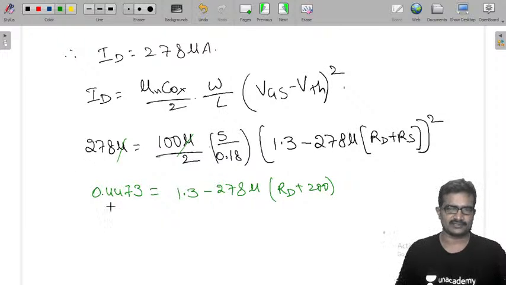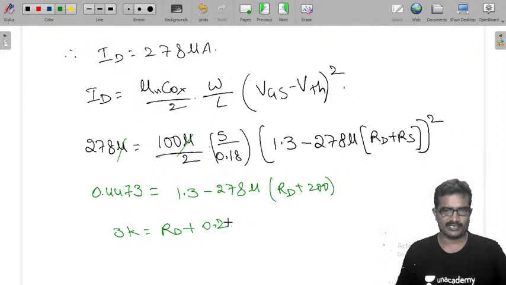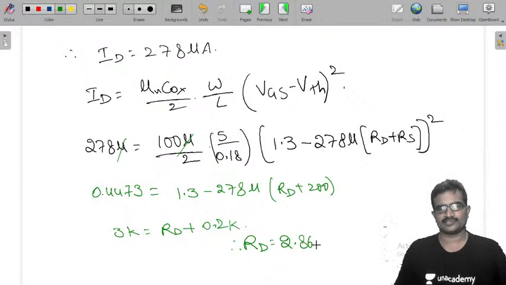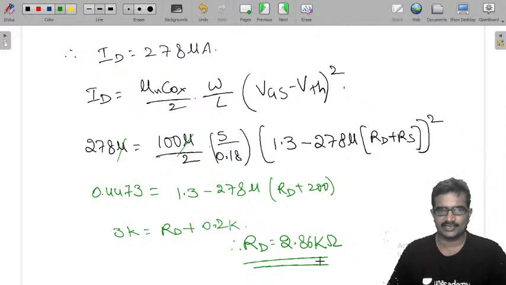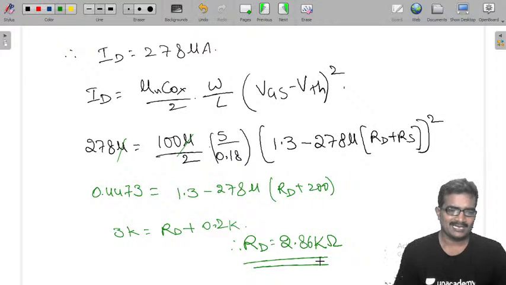Okay, applying square root also on this. Therefore, 3 kilo ohms is equal to RD plus 0.2 after simplification. Okay, 0.2K. Therefore, RD is 2.86 kilo ohms. RD is 2.86 kilo ohms. Okay, this is the way to solve this problem. Clear?